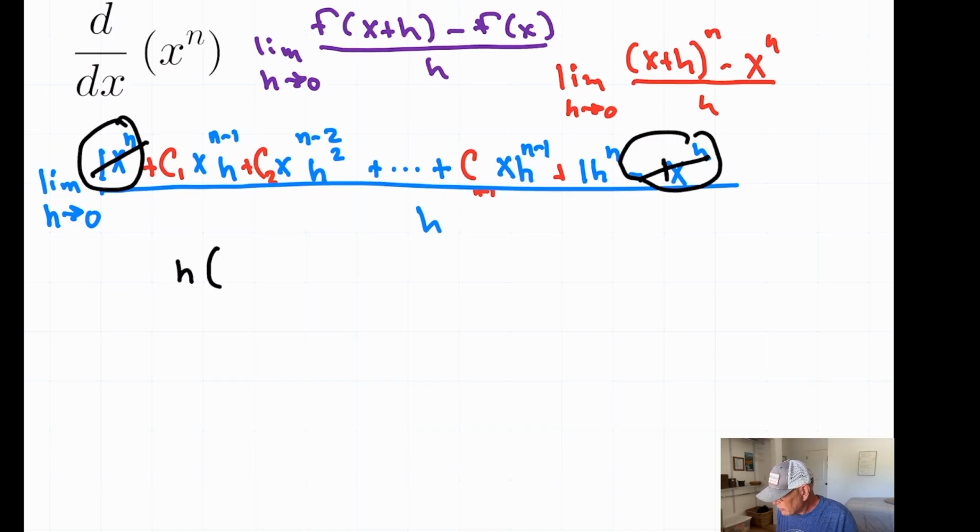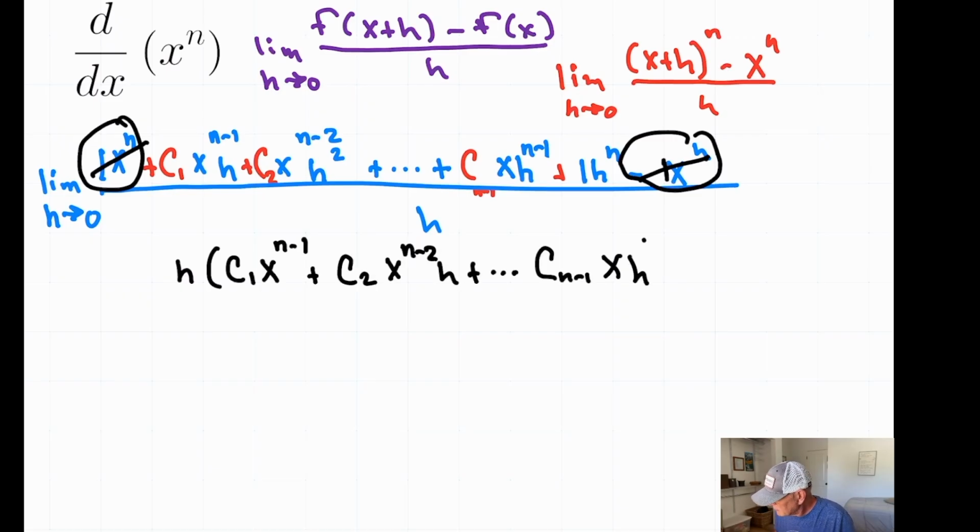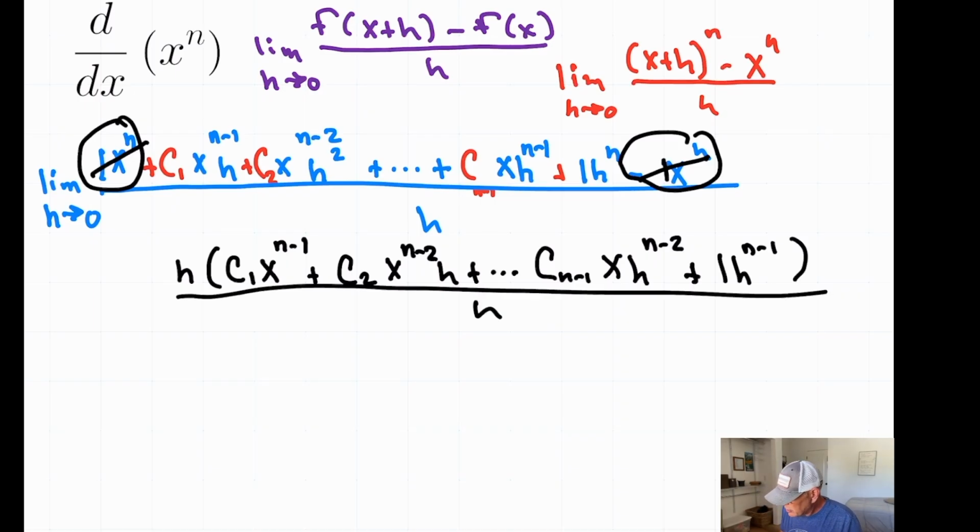If I factor it out of here, that leaves me c sub 1, x raised to the n minus 1, all over h, limit as h goes to 0.